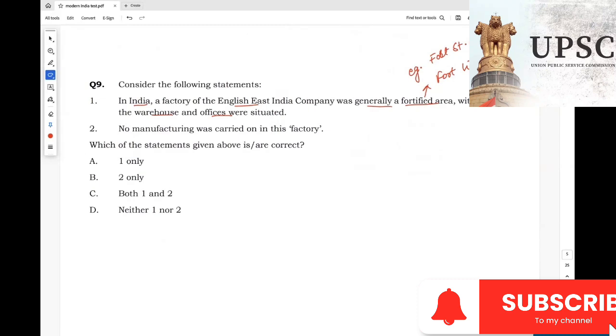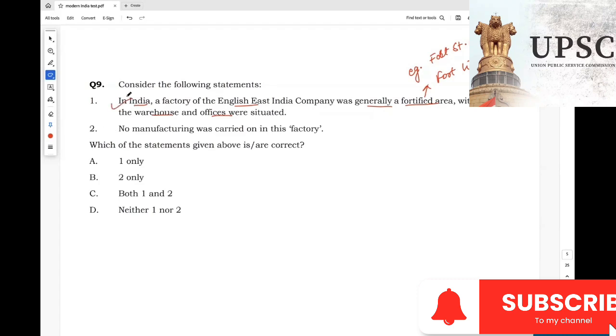So you will understand that they are naming their factory to be a fort. That's why their factories were actually fortified. They had soldiers within the factory, they had an armory within the factory, they had offices, warehousing, everything within the factory. And if you're thinking that they were the first to do that, you're wrong. It was the Portuguese who started these kinds of practices. So this statement is correct.